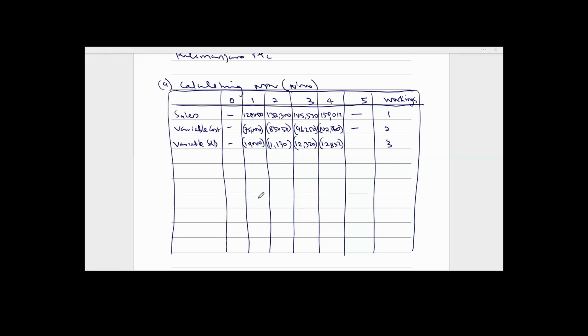Number 1: if you are given fixed cost with no additional information, that fixed cost is irrelevant, because irrespective of the decision taken, the fixed cost will surely be incurred. Therefore, it is not relevant, provided the fixed cost will not change.